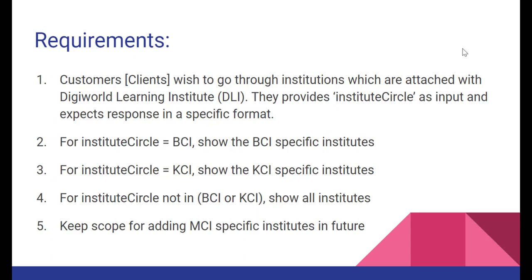For institute circle BCI, we should send the response with the details of BCI specific institutes. For institute circle KCI, show the KCI specific institutes. For an institute circle not in BCI or KCI, show all institutes. All right, and we have to keep scope for adding MCI specific institutes in future. That is the requirement which we have to keep in mind, and we have to build the solution, right?